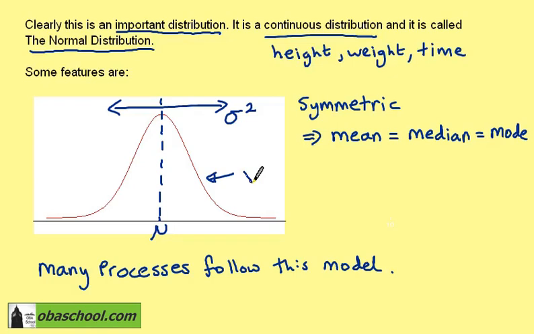If x is a random variable following a normal distribution, we write that x follows a normal distribution with mean mu and variance sigma squared.